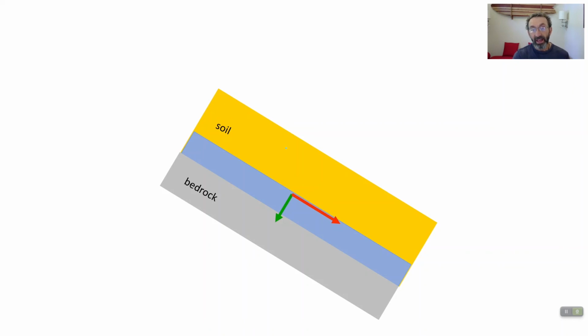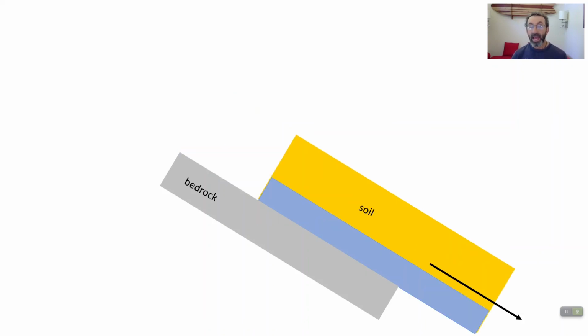And so as that normal stress decreases, we're going to decrease this green arrow. And notice that at some point, as the water keeps accumulating and collecting in the soil, that green arrow is less than the red arrow, so its length is less. And as a result, you're going to get a failure.